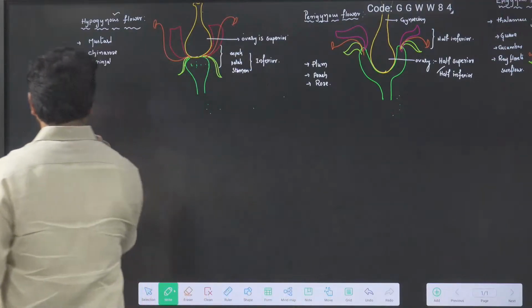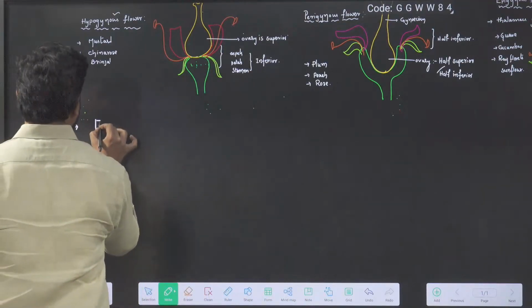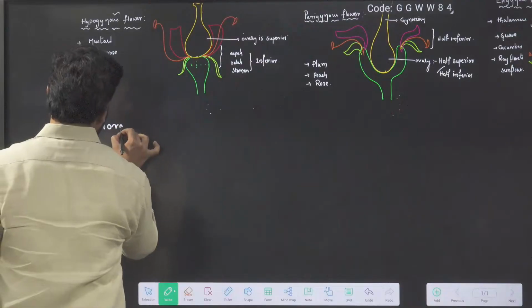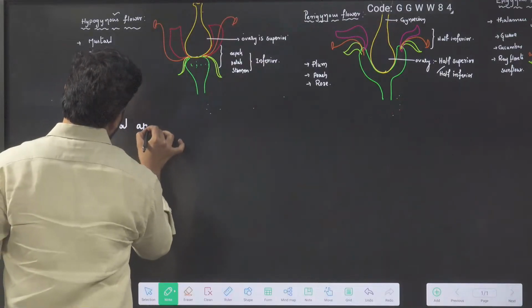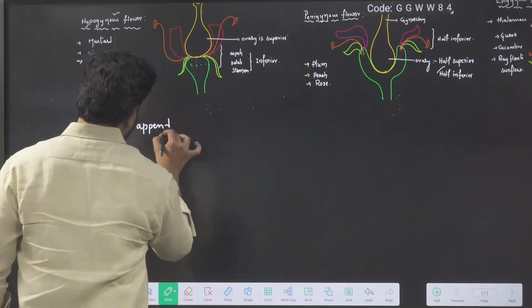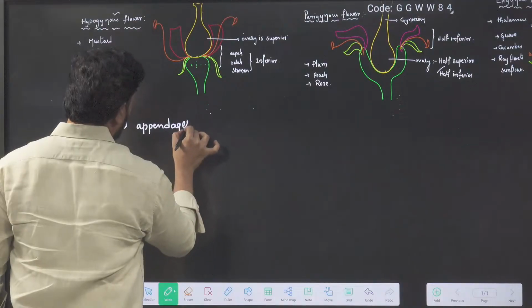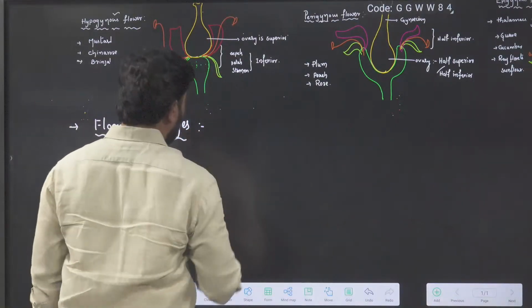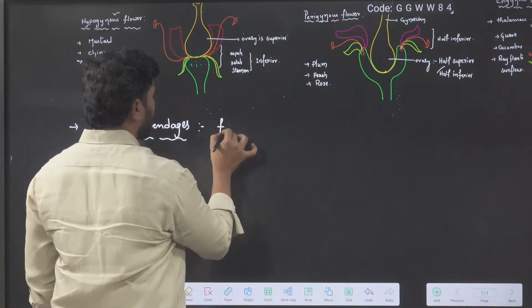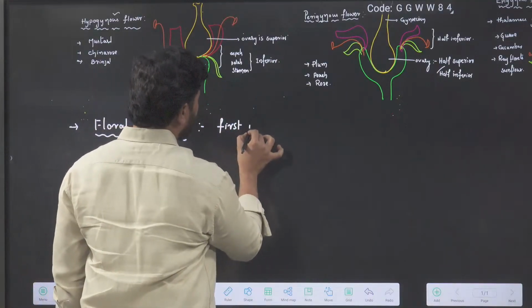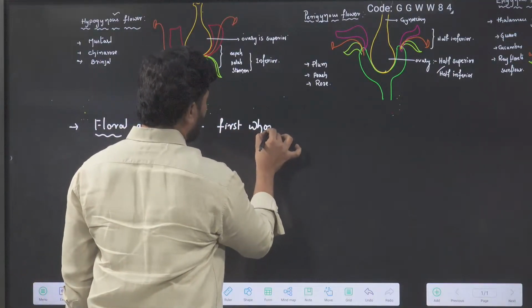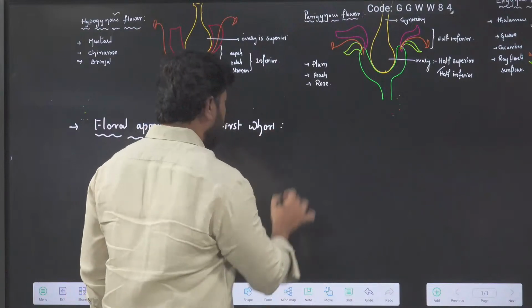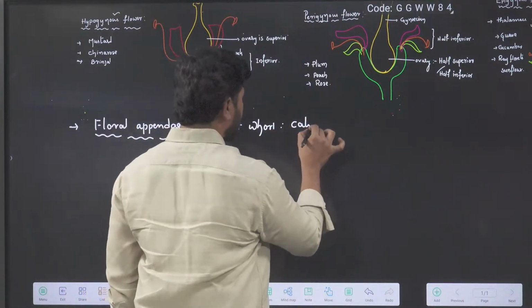Next one. Let me talk about floral appendages. Floral appendages are nothing but individual floral organs. First whorl. Tell me what is first whorl? I have mentioned it already. First whorl is calyx.